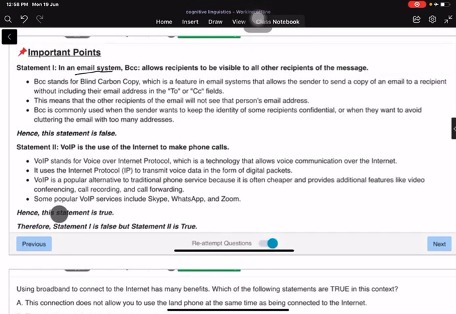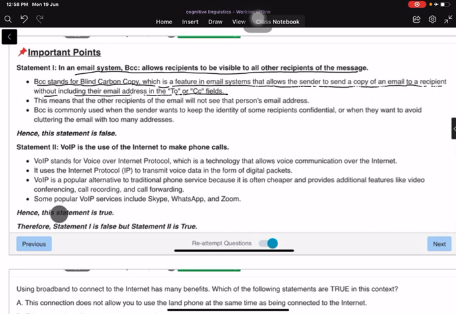So, in an email system, "BCC allows recipients to be visible to all other recipients of the message" is not correct. BCC stands for blind carbon copy, which is a feature in email systems that allows the sender to send a copy of an email to a recipient without including their email address in the To or CC fields.